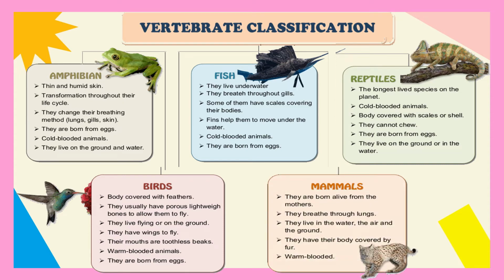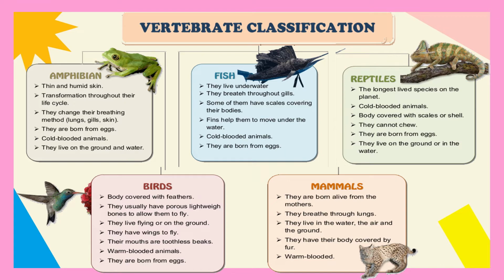Next, the last one is mammals. What animals can you call mammals? They are born alive from the mothers. They breathe through lungs, and they live in the water, the air, and the ground. They have their body covered with fur, and they are warm-blooded.